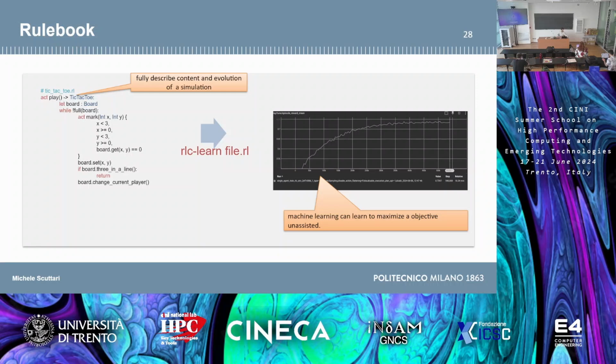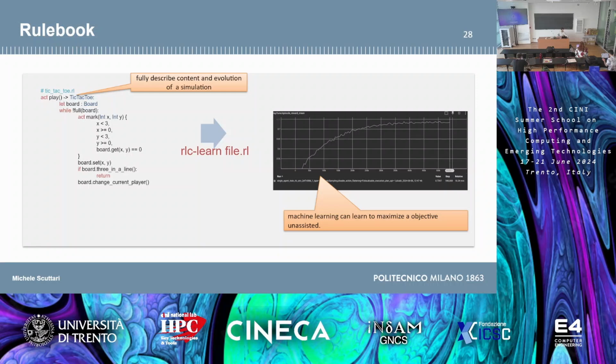The player provides X and Y, and you must make sure that X and Y are between 0 and 3, which is the bound of the board, and the slot of the board at X and Y must not be set. If that is the case, then you can set that slot of the board, and then you can say, if the game is done because there are 3 in a line, then you are done. Otherwise, you change the player, you go back to the loop. And if you read it, this is exactly what is written there.